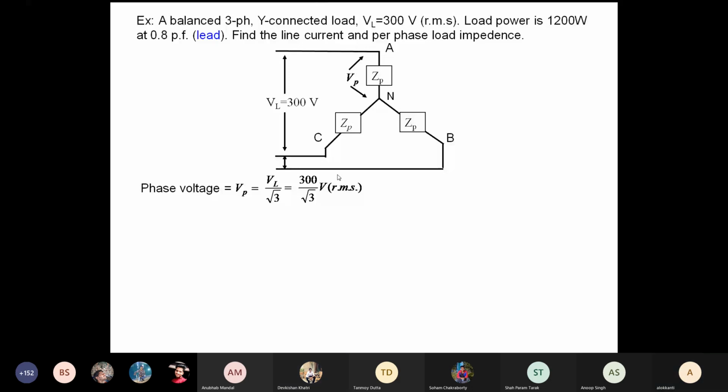Then this current going in is the line current. This is the line voltage, line current. What is the relation between the line current and phase current here?